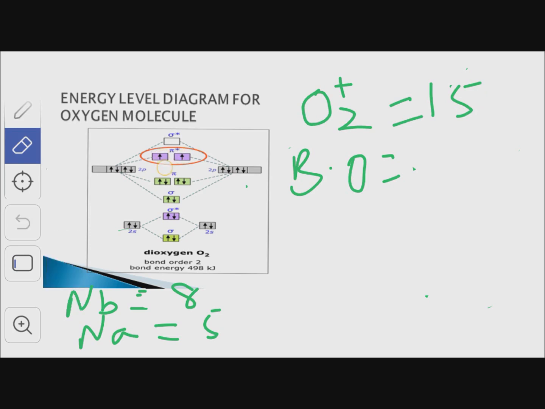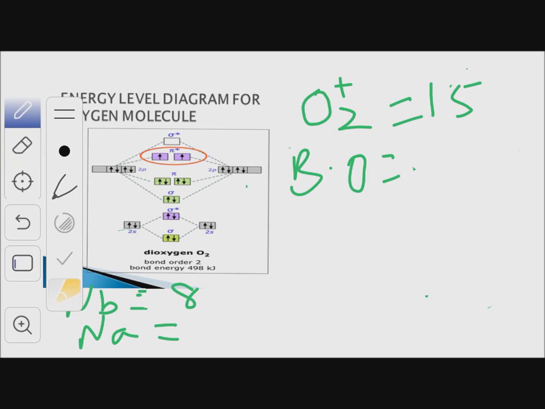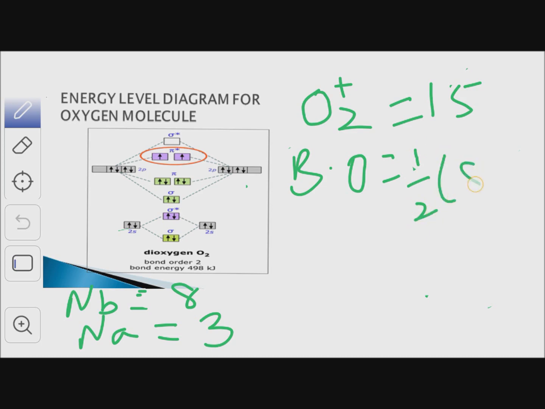We remove one electron from the pi star 2py, and the number of bonding electrons remains the same, but the number of anti-bonding electrons decreases by 1. If they are 4, then it becomes 3. And the bond order is 1/2 times (8 minus 3), which is equal to 5/2, and hence it gives 2.5.